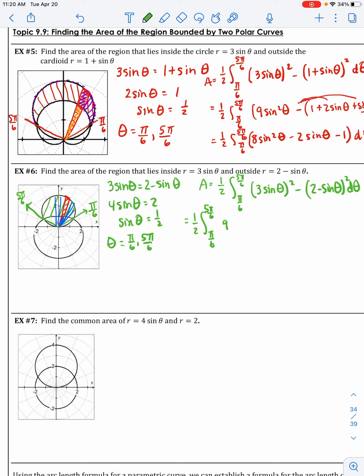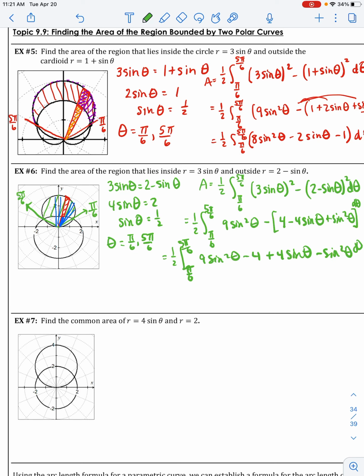And so 1/2 integral pi over 6 to 5 pi over 6, 9 sine squared theta minus, I'm going to put a bracket, 4 minus 4 sine theta plus sine squared theta d theta. Sine squared theta minus 4 plus 4 sine theta minus sine squared theta d theta.